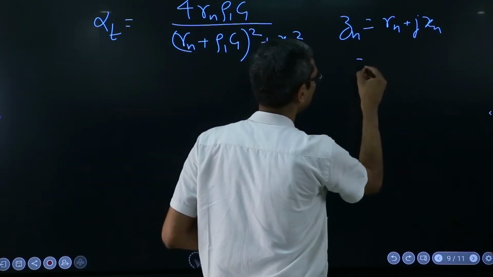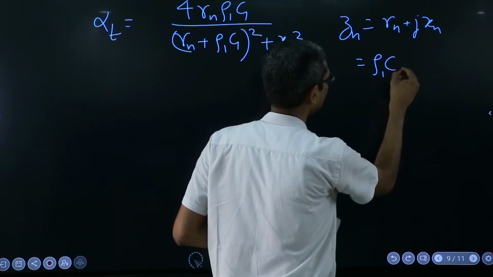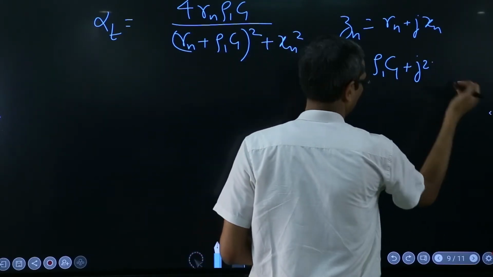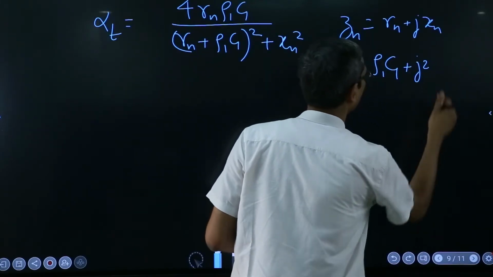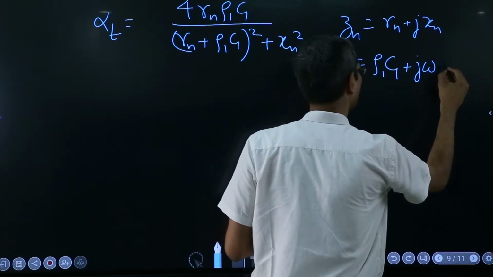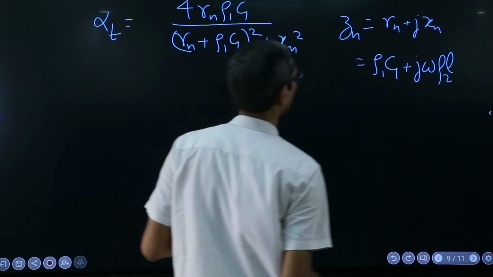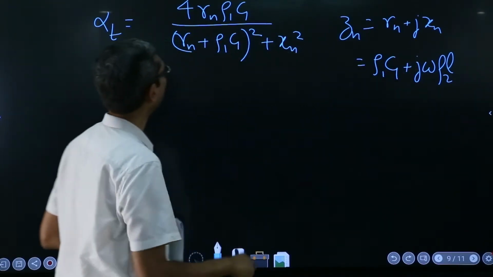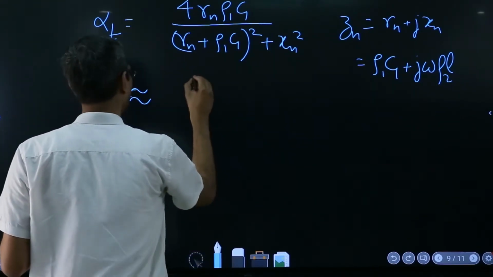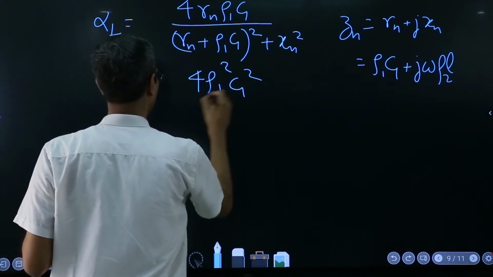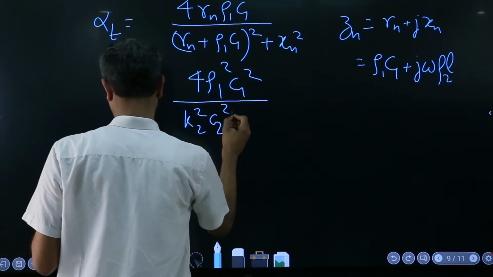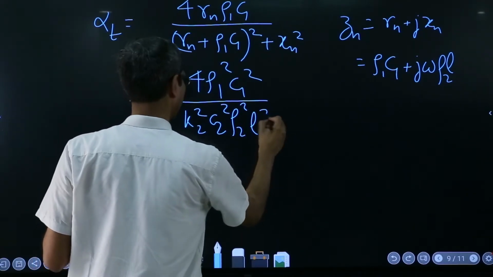See, if I replace Zn with rho 1 C1 plus j times, I will write in terms of omega maybe, omega rho 2 L. If I just substitute this here, I will get exactly the same as the approximation which we got: 4 rho 1 square C1 square over K2 square C2 square rho 2 square L square.